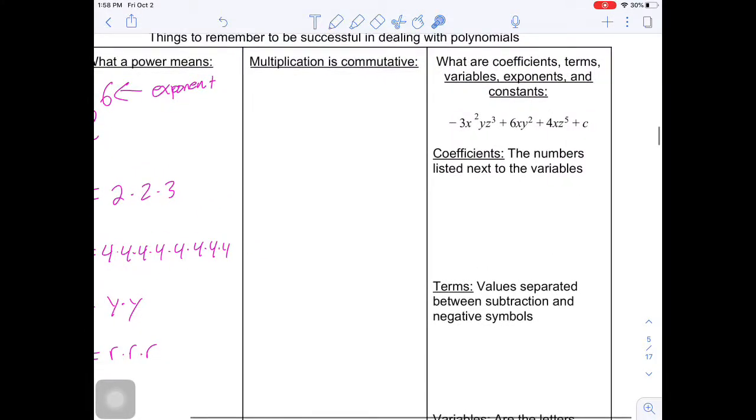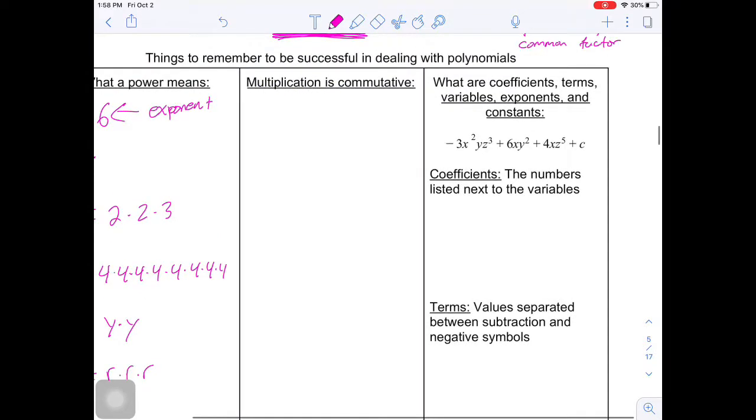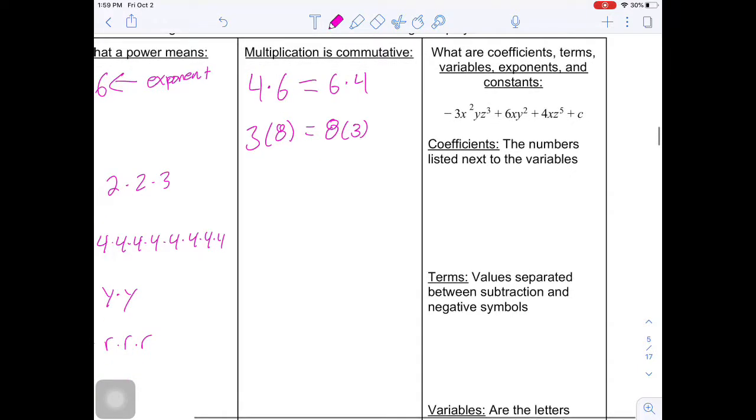Now, remember that multiplication is commutative, okay? So what does that mean? That means 4 times 6, and I don't really use that multiplication symbol anymore, we use a dot. 4 times 6 equals 6 times 4. Or 3 times 8 is the same thing as 8 times 3. Or if you have m times n, that's the same thing as n times m.